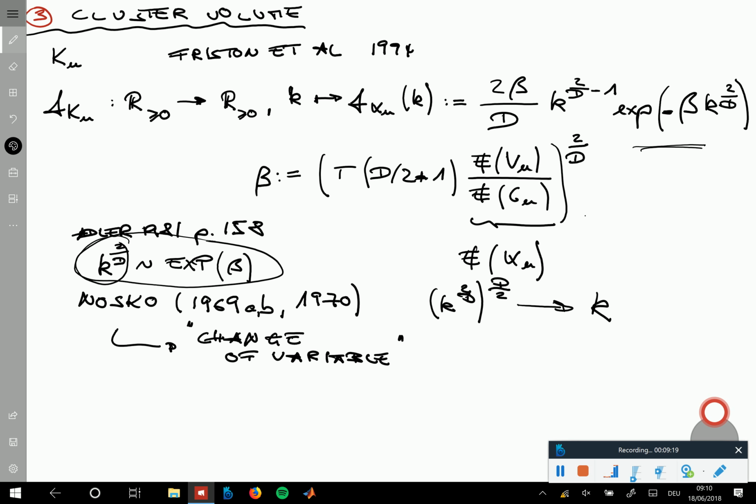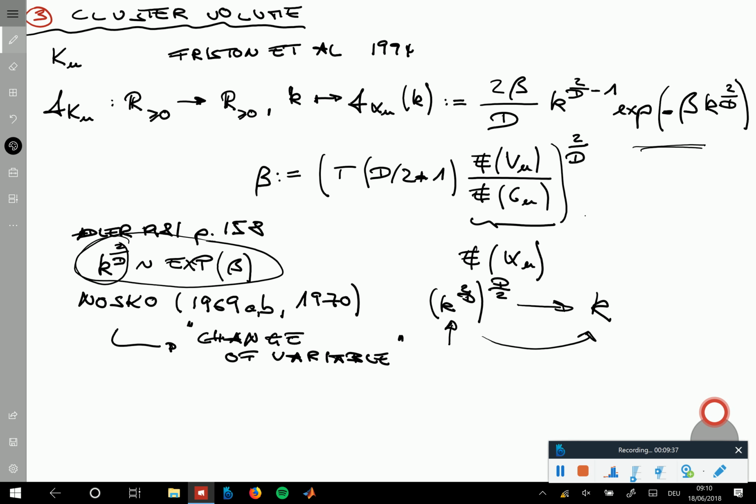And at the same time, while doing this, you ask yourself, okay, I know the probability density function of this thing. What is then the probability density function of this? And for this, there's what is called the probability density function theorem.